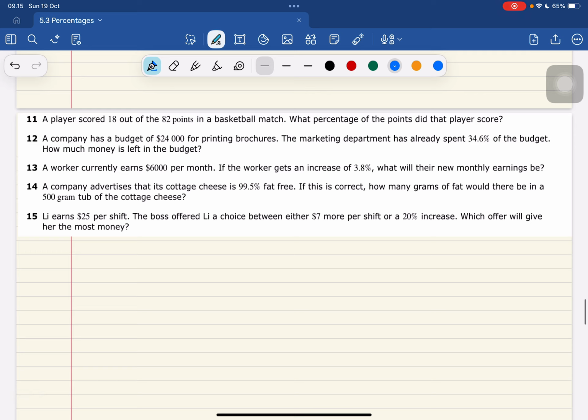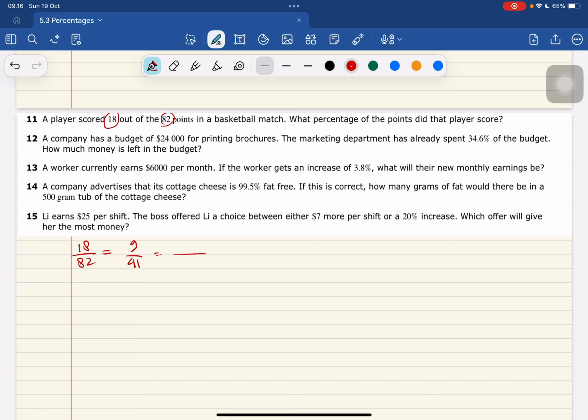11. A player scores 18 out of 82 points in the basketball match. What percentage of the points did the player score? So it's going to be 18 over 82. So we need to make it over 100. Let's simplify it. It's going to be 9 over 41.